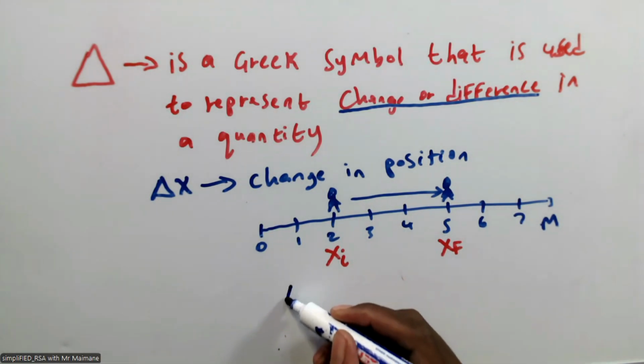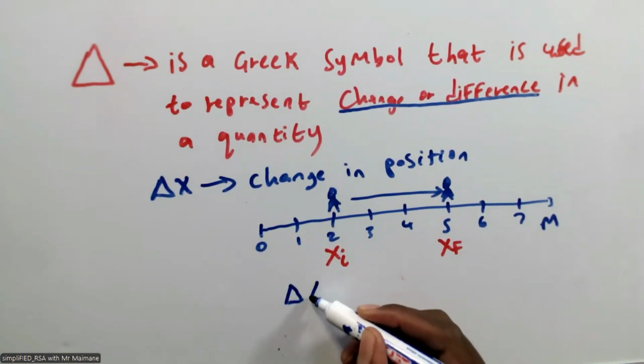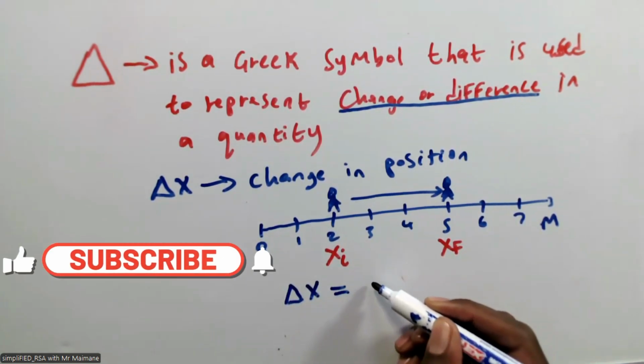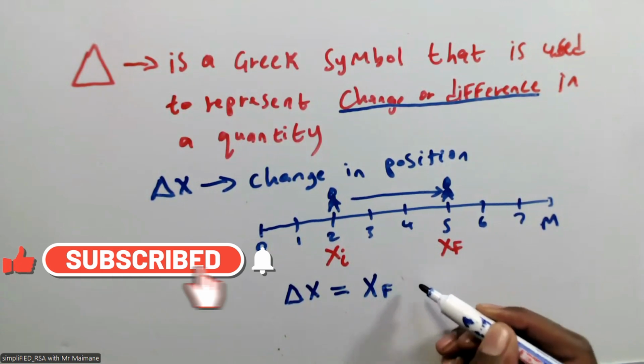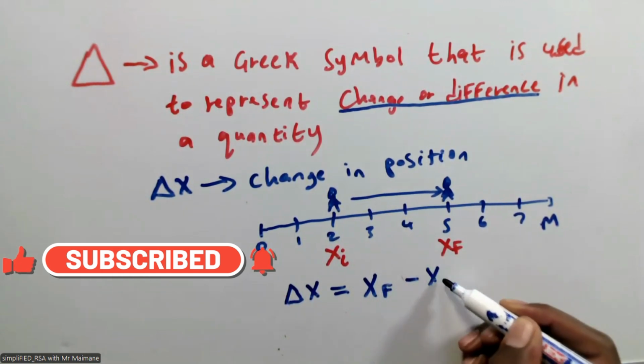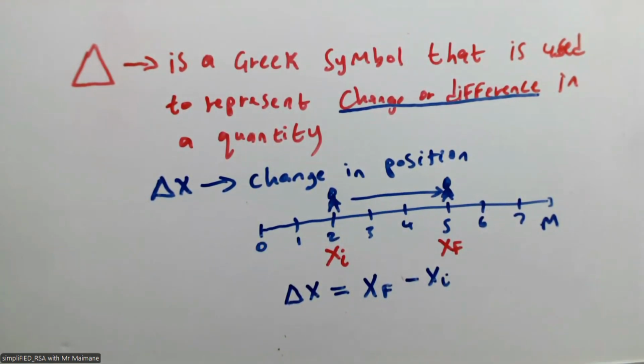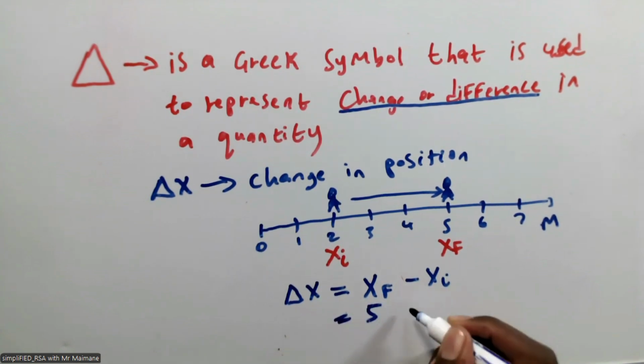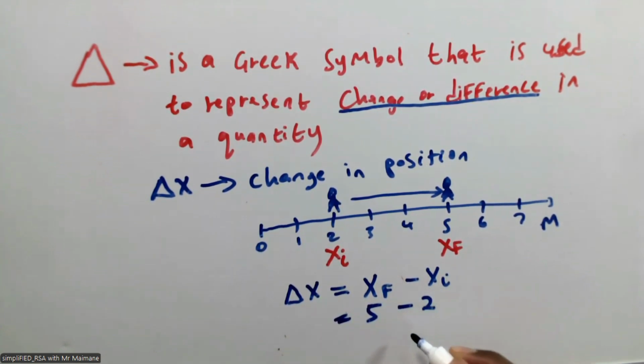That's when we say the change in distance is equal to the final distance minus the initial distance. Therefore, we will have 5 minus 2, and 5 minus 2 will give us 3 meters.